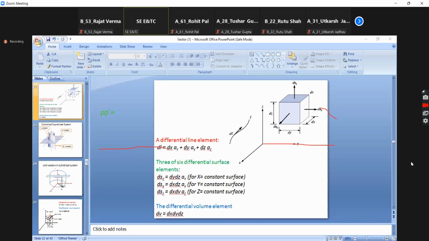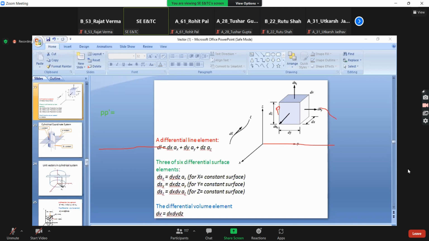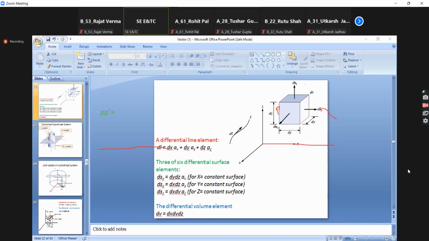So if this point is P, then maybe somewhere exactly on that side, this point is there. This is P dash, exactly diagonally opposite.